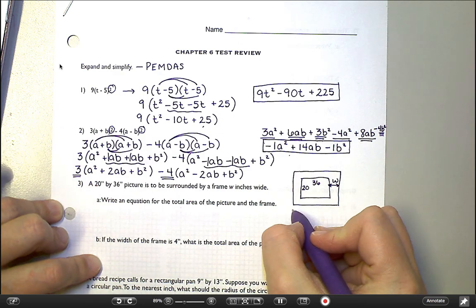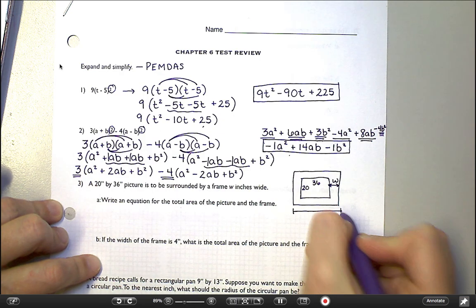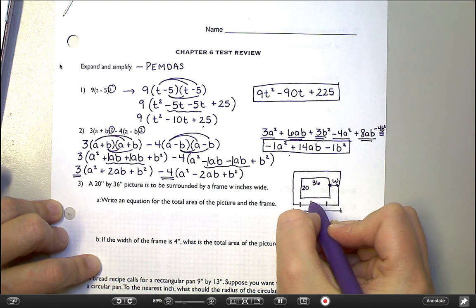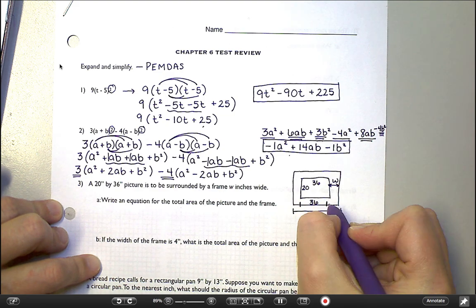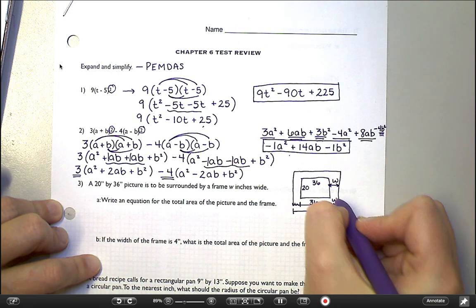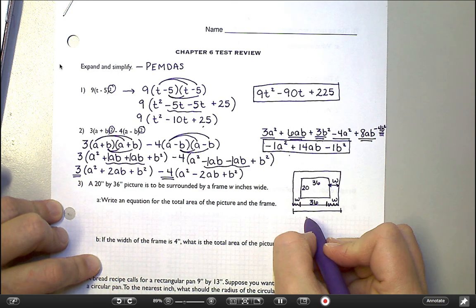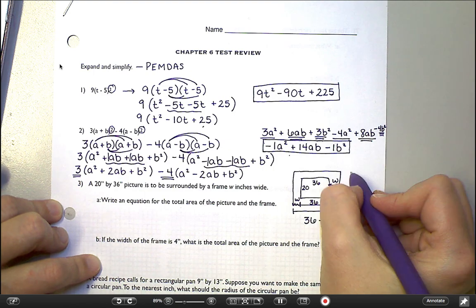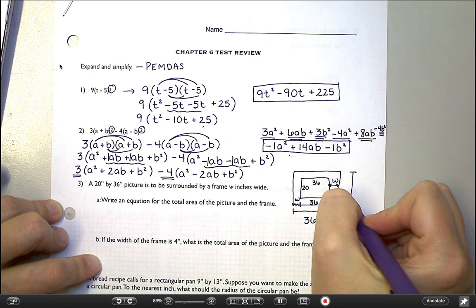So when I go to do the length of this frame, from here to here is 36. And then I have a W here and a W here. So that total length down here would be 36 plus 2W. And when I want this length, same idea.